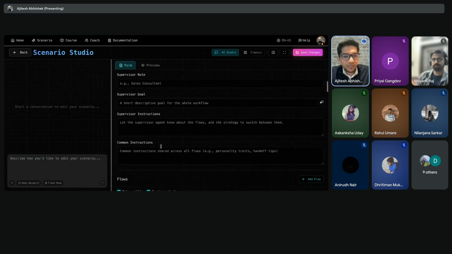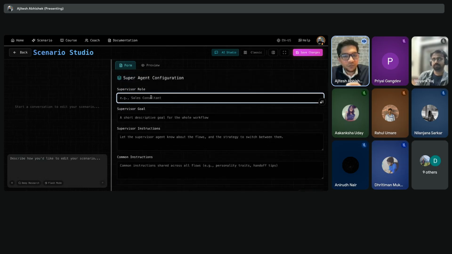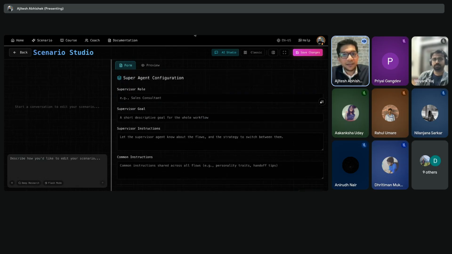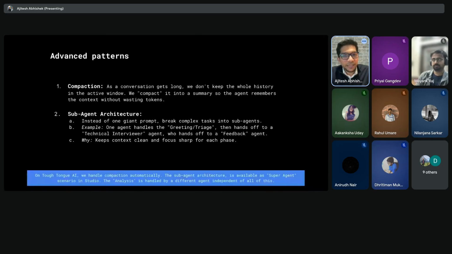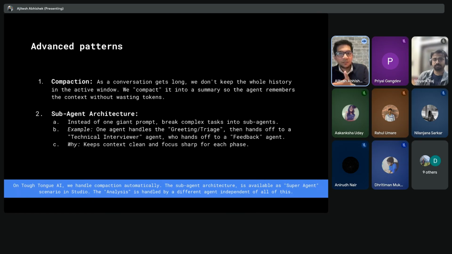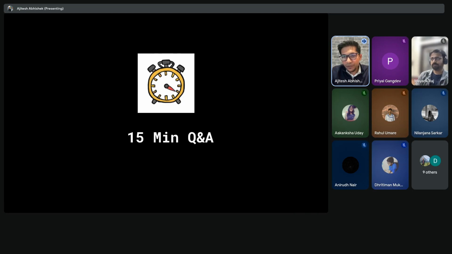In that case you define a flow where there is a supervisor agent, and then there are different agents which do different pieces. This will be important if your one session goes beyond 20 minutes or so, or is very complicated; you might want to consider breaking down the agent. This pattern is also getting really popular for different agents, where you break the agent down into different flows which handle it. Some of these I just went over very quickly.